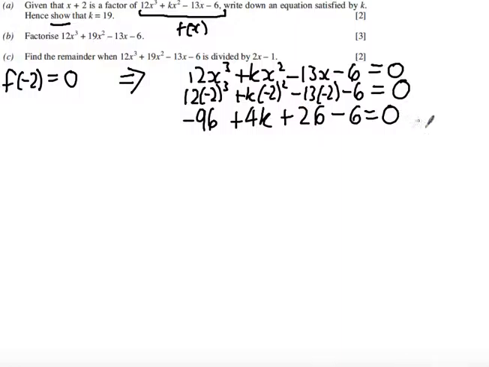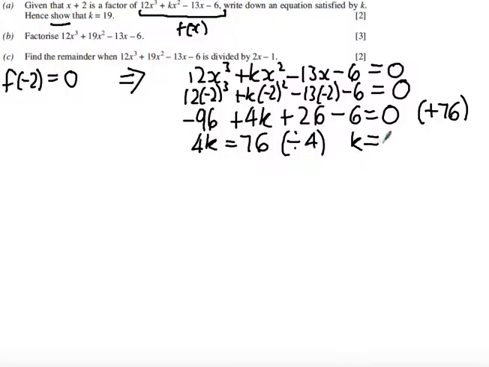Minus 96 plus 20 gives me minus 76. So I'm going to add 76 to both sides of the equation so that I get 4k equals 76. Now I can divide both sides by 4, and of course when I divide both sides by 4 I get k equals 19 as required.